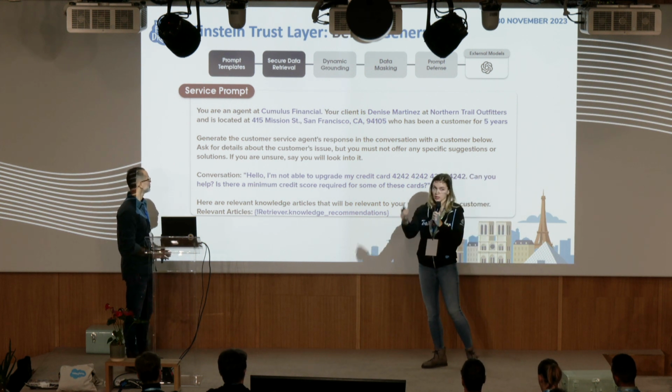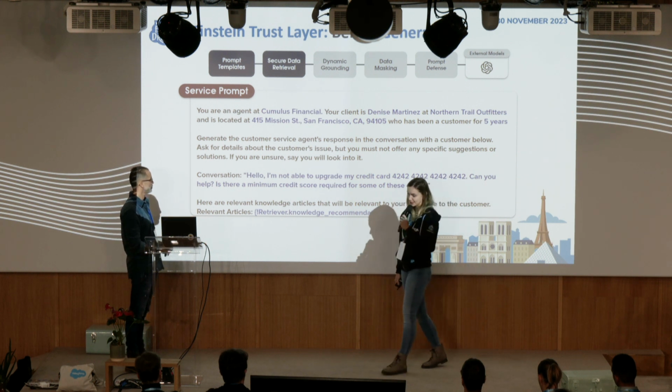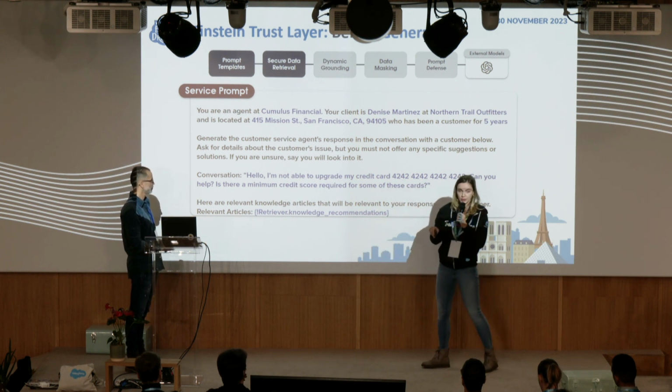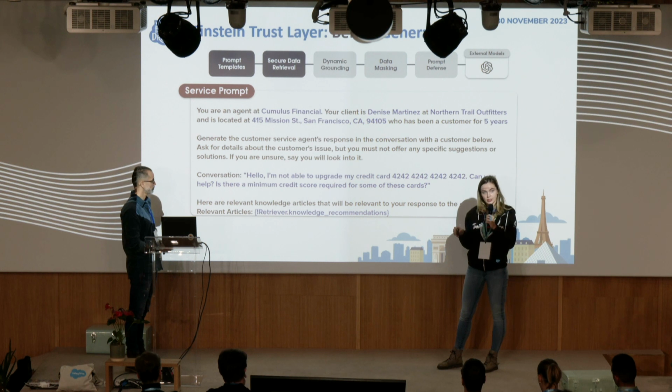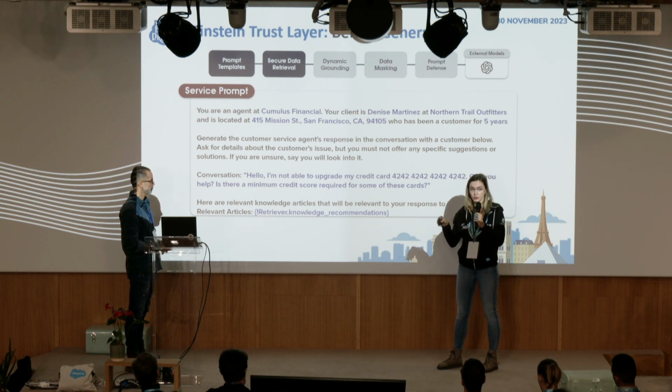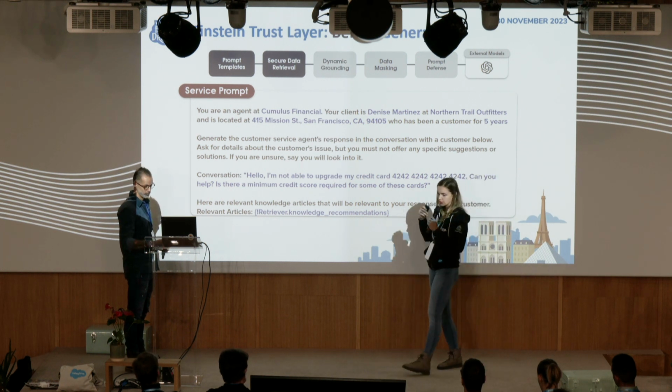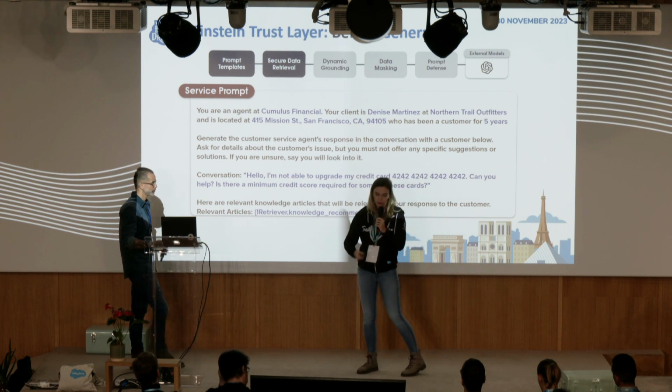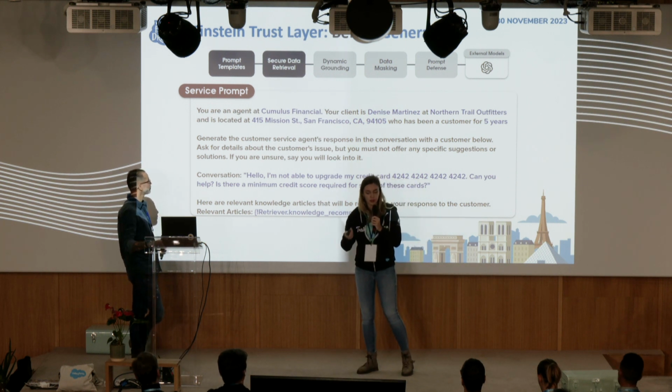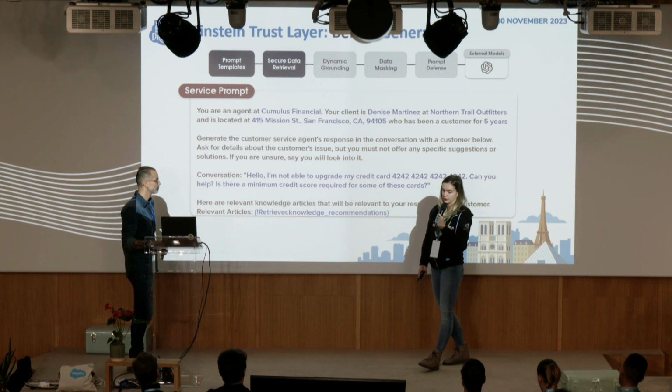And then, again, Einstein Trust Layer helps us, because the data filled into this prompt are only the data that the service agent is authorized to access. And of course, it's updated relevantly to the case. So if the case is solved for another client, that client's data will be filled in.